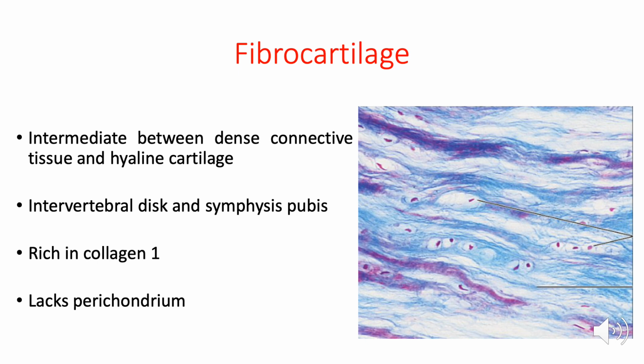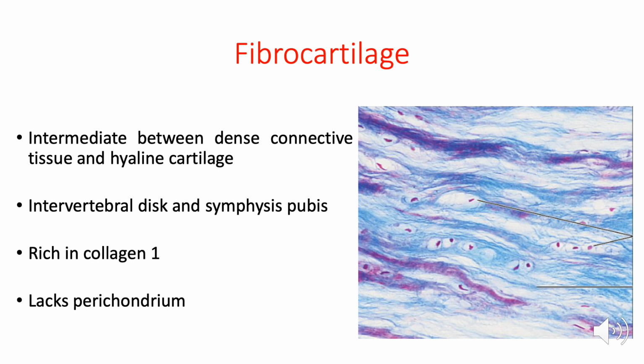So, you're supposed to see chondrocytes. Take a look at the picture again. Can you appreciate the presence of chondrocytes? Yes. So, this type of cartilage is an intermediate between dense connective tissue and hyaline cartilage. Since I can see a lot of fibers and I see chondrocytes of cartilage, fibers, cartilage, that's the reason why this is named fibrocartilage.